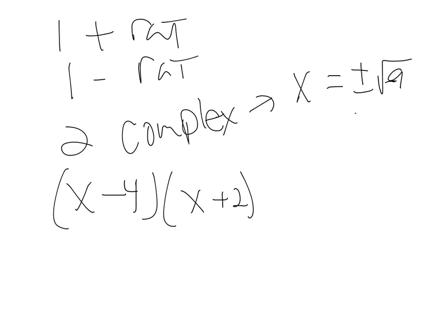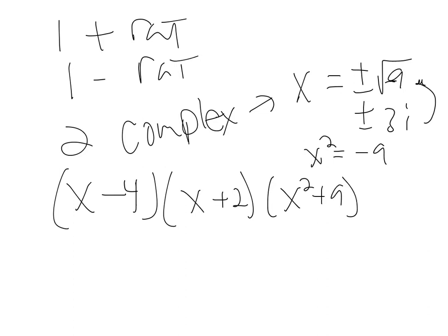That would be plus or minus 3i, right? So if we go backwards, that's the square root of -9. If we go backwards further still and square both sides, that gives me x squared equals -9. So my factor would be x squared plus 9.